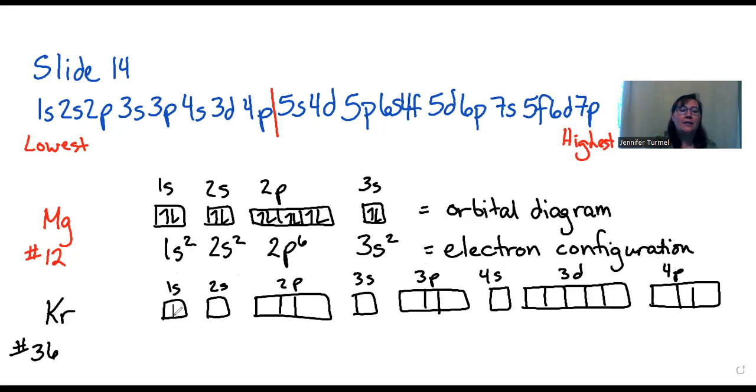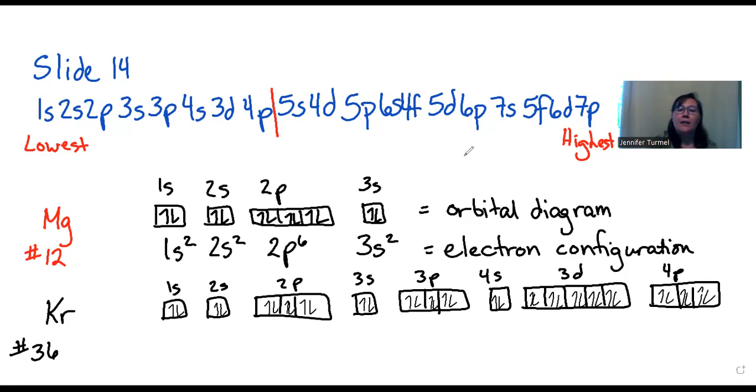And then I have to count 36. 1, 2, 3, 4, 5, 6, 7, 8, 9, 10, 11, 12, 13, 14, 15, 16, 17, 18, 19, 20, 21, 22, 23, 24, 25, 26, 27, 28, 29, 30, 31, 32, 33, 34, 35, 36.